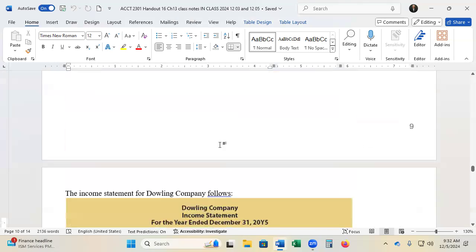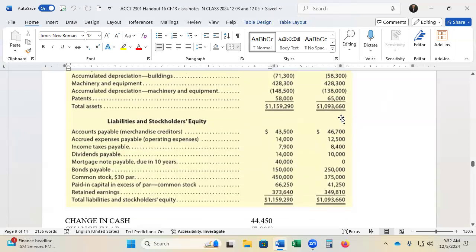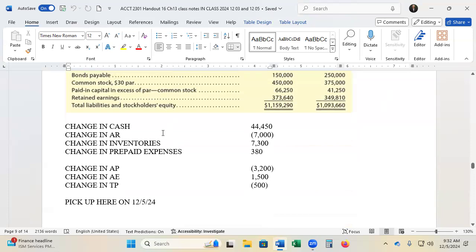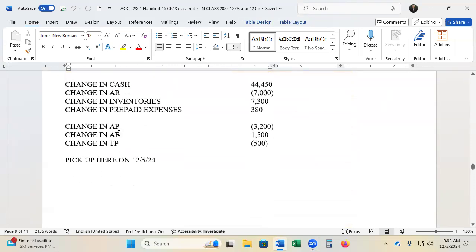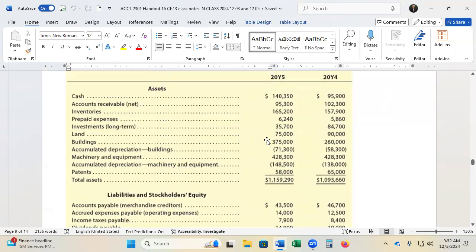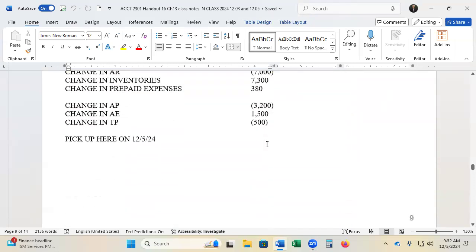You'll remember from last class, I had you calculate the changes in the accounts. Down here, we have the change in cash, accounts receivable, inventory, prepaid, accounts payable, accrued expenses, and taxes payable. Those are the differences that we're going to be using for each of those accounts.